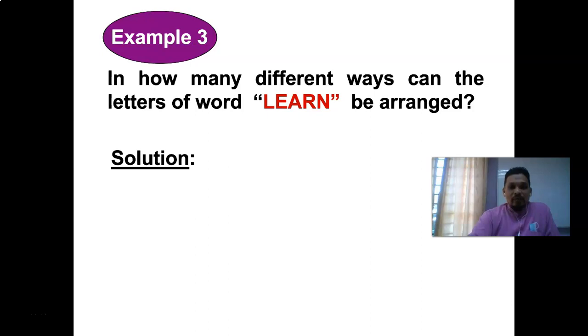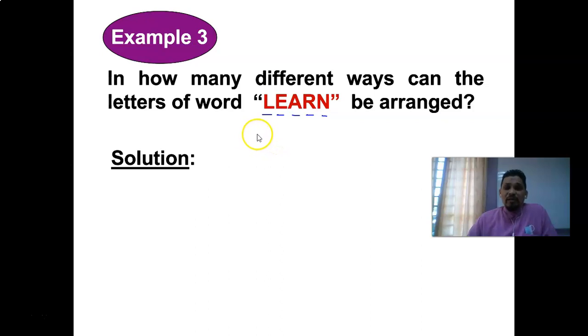In how many different ways can the letters of the word LEARN be arranged? So it means that here there are 5 of them. 1, 2, 3, 4, 5, and we take them all and find out how many ways the letters of LEARN can be arranged.